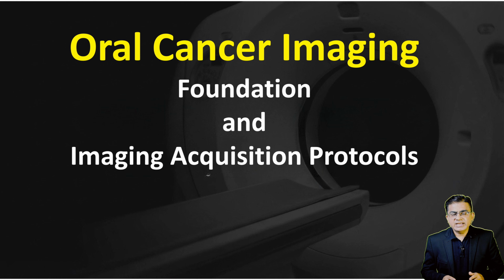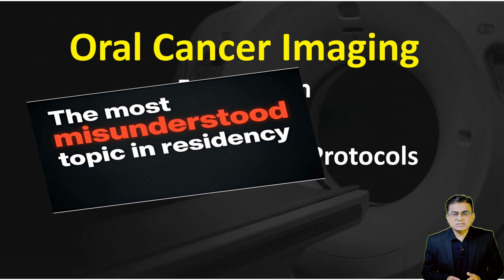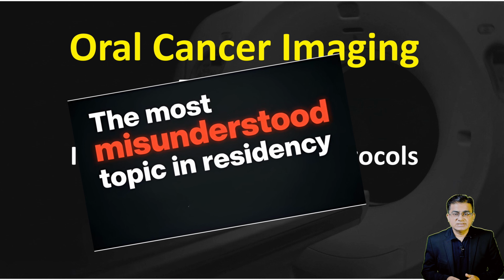I have been evaluating MD DNB residents for over a decade, and I can tell you with absolute certainty, this topic is one of the most misunderstood topics in residency and also for early career oncologists. When you are facing your external examiner during OSCE and VIVA or presenting your case in a multidisciplinary tumor board, this is exactly where you stumble.